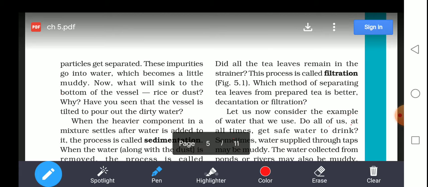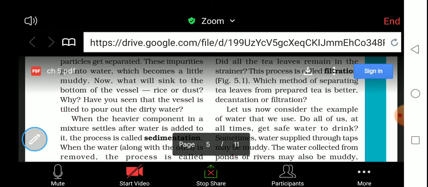If there are heavier impurities, they will settle at the bottom part. Those substances which settle at the bottom by adding water, this process is called what? Sedimentation. You can see here, sedimentation.